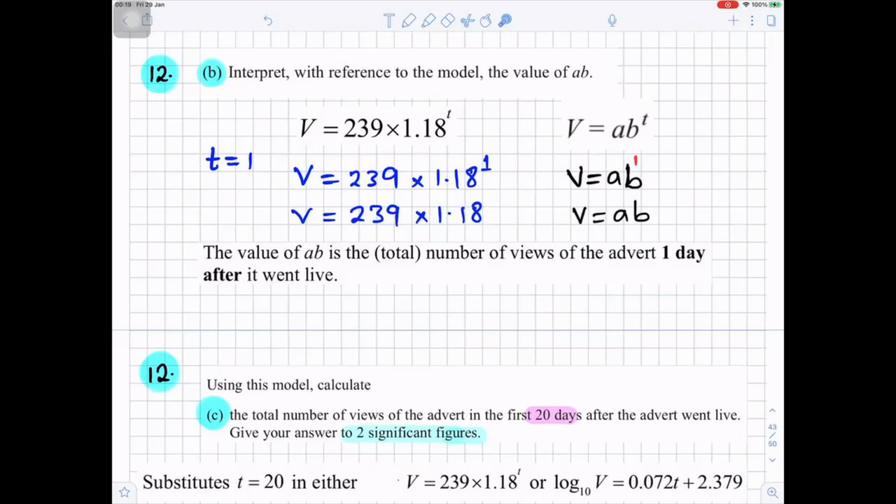Or if we put 1 there, it will just give V equals A times B to the 1, which is AB. So the value of AB is the total number of views of the advert 1 day after it went live. If t is the number of days, 1 day after it went live, t will be 1, so it's just A times B. That's what AB means.